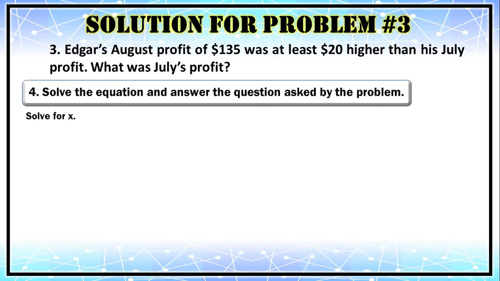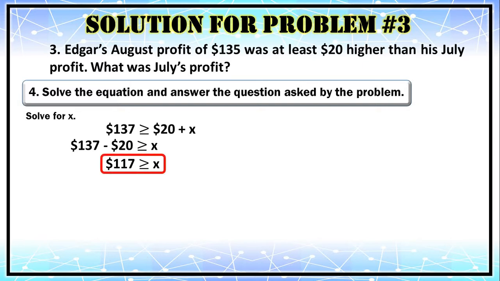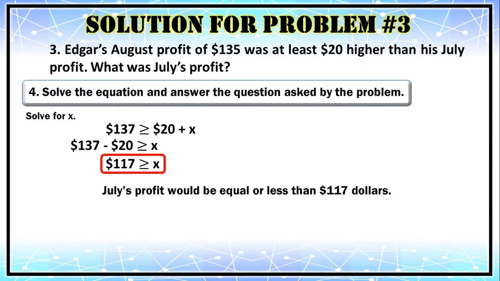So we solve for the value of x. $137 minus $20 is greater than or equal to x, and x is less than or equal to $117. Therefore, July's profit would be equal to or less than $117.